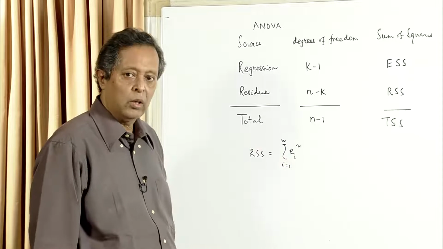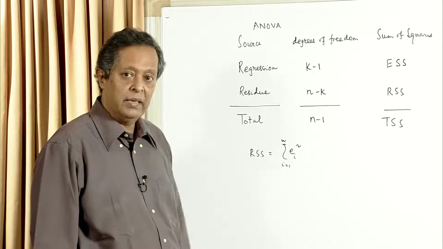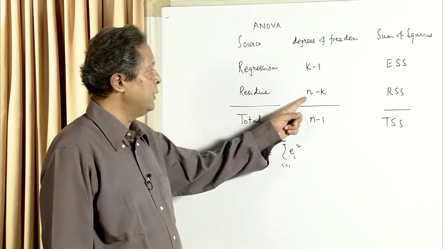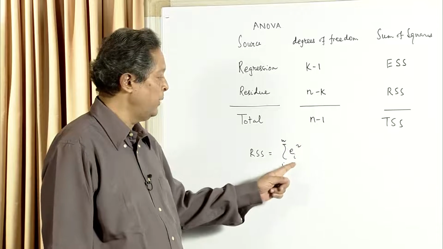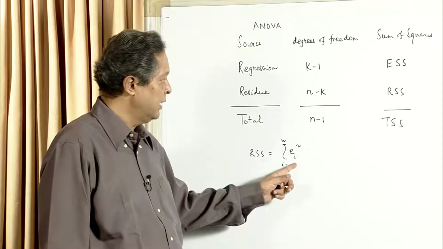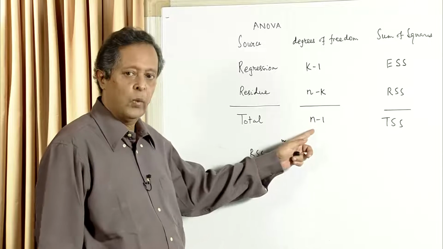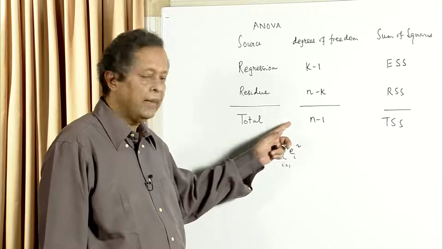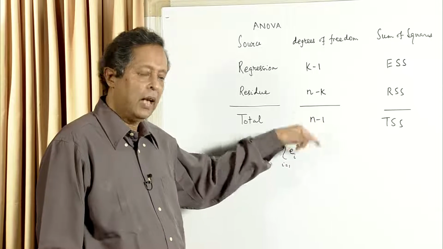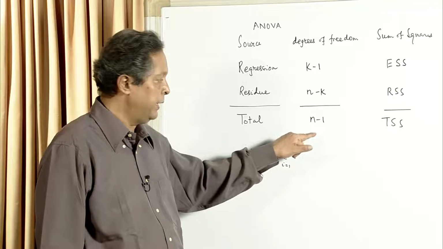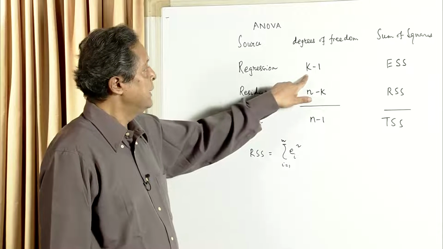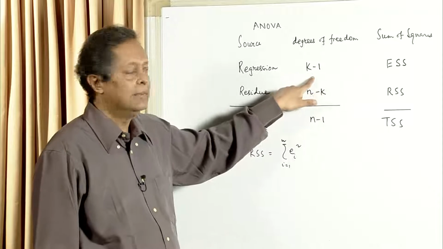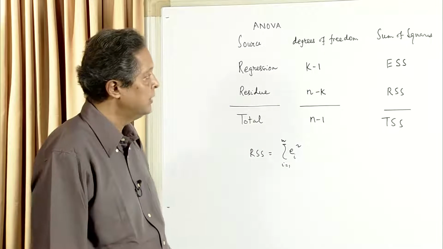To estimate the model, we need to estimate k parameters, so we lose k degrees of freedom and are left with n minus k when we compute the residual sum of squares. The total sum of squares has n minus 1 degrees of freedom, because given n minus 1 values, the last value is not free to vary, and so the explained sum of squares has k minus 1 degrees of freedom.